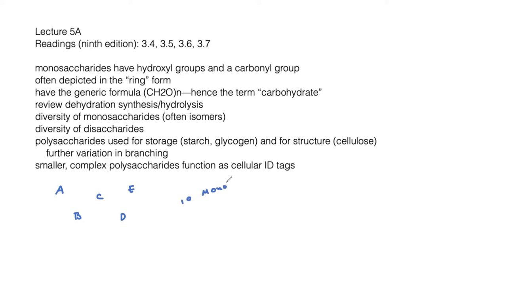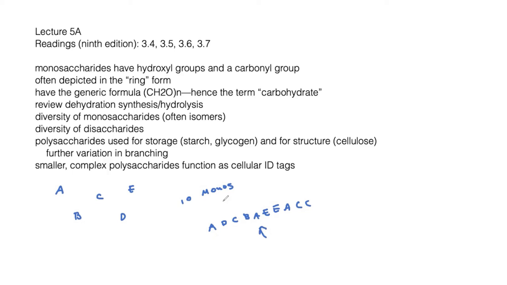right? You could put them together A, D, C, B, A, E, E, A, C, C. I mean, this could be one combination. There are bazillions of different combinations that you could make from the 10 monomers.